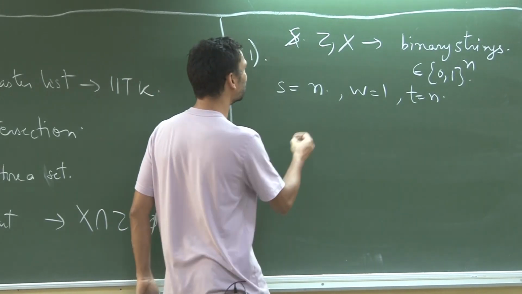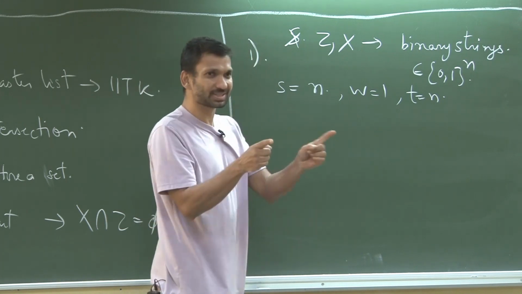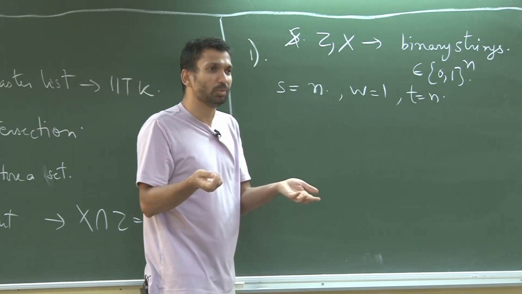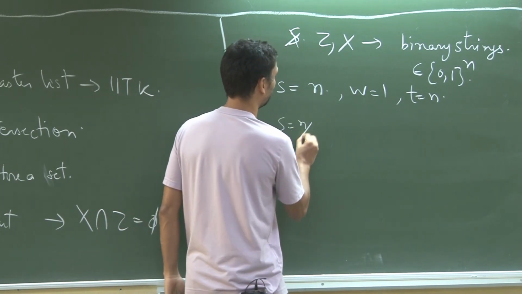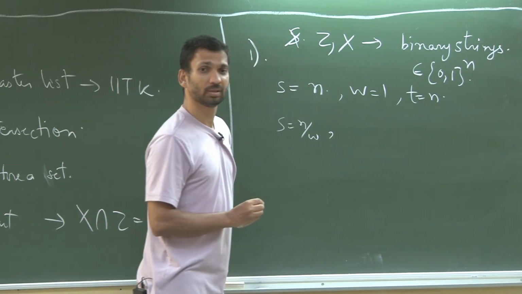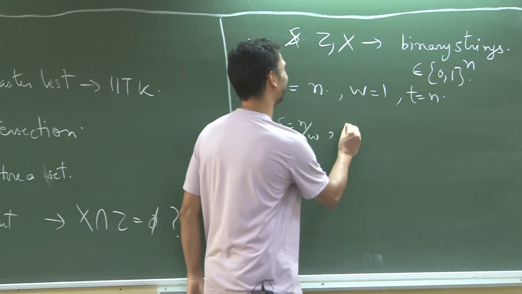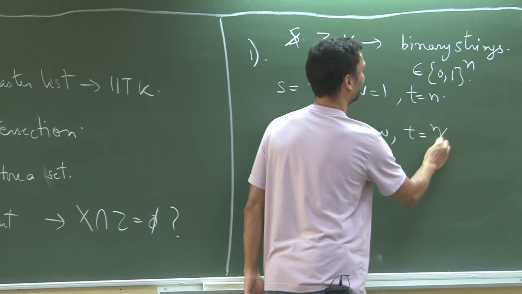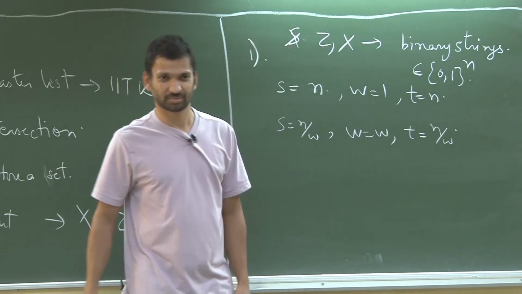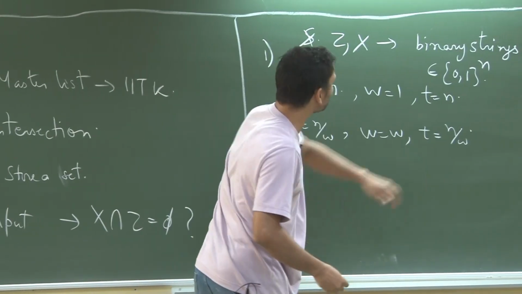What I can do is I can even say that I am storing this as words of length W, and W could be a parameter. In that case, W is W.